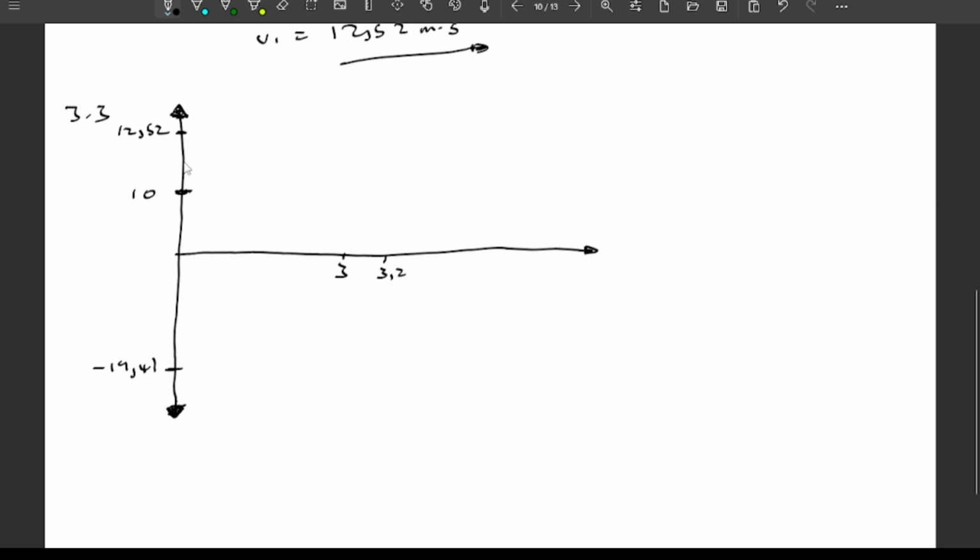So it began here and it went down. Right? It began at 10 with its V initial. That's right there, V in meters per second, and the change in time. It went down and hit the ground. Let me try to make it much better because it has to align with the 19, right?